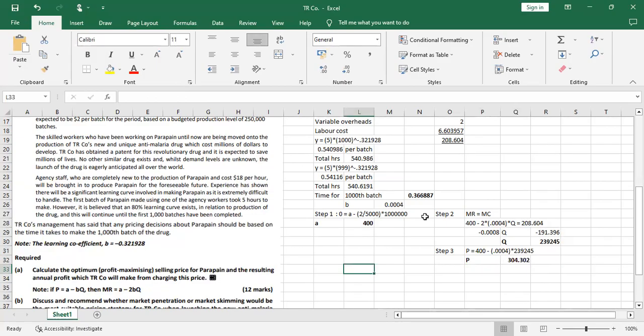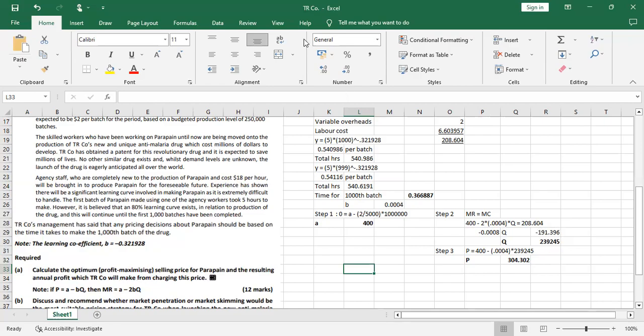Any question related to this? There could be some difference of like 4, 5 numbers. Suppose my quantity is 239,245, because I am using the variable cost 208.604. It may be possible if your decimals are greater than this value, your Q could be slightly different.